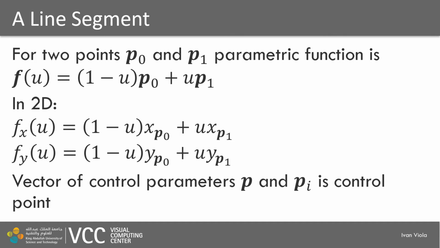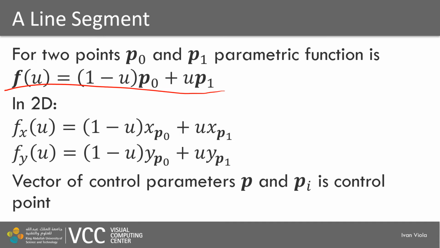Let's now develop an interesting and valuable framework for how we can define our curves. And we will be discussing it on a simple, almost trivial example of line segments. So the line segment function can be defined in a very simple way, and that is a parametric representation can look, for example, like this.